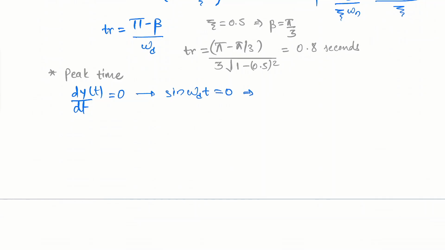This implies the solution is all the times when we are reaching 0.